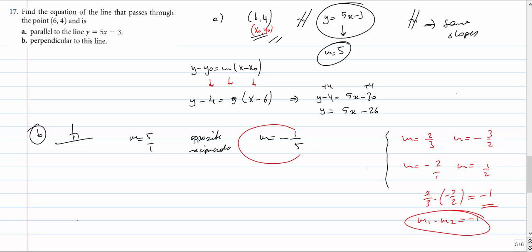All right, so I find my slope. So I know my point. So I'm going to use the same formula. Y minus y sub 0 equals slope times x minus x sub 0. And so y minus 4 equals -1/5 times x minus 6.